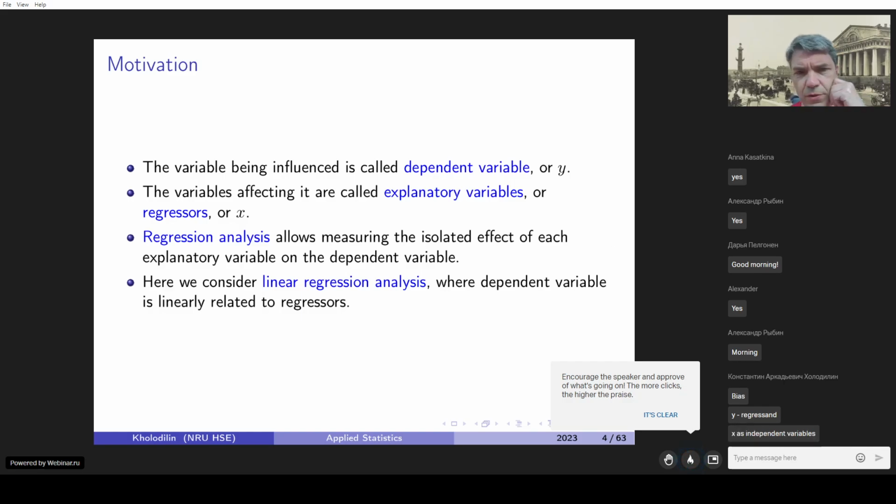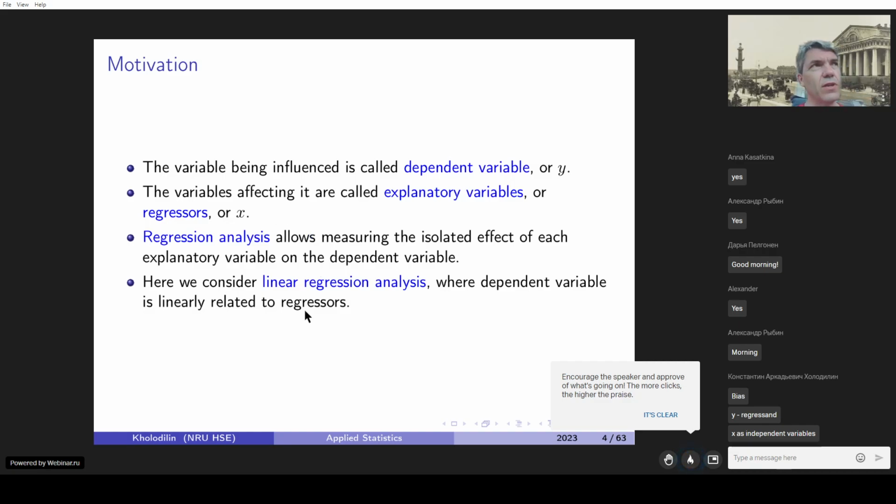But I prefer to use explanatory variables because it's a little bit more neutral, less involved. So these dependent variables, they're not really always independent. So let's say y is our dependent variable and x's are explanatory variables or regressors.